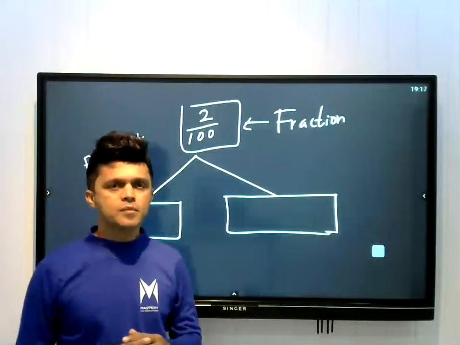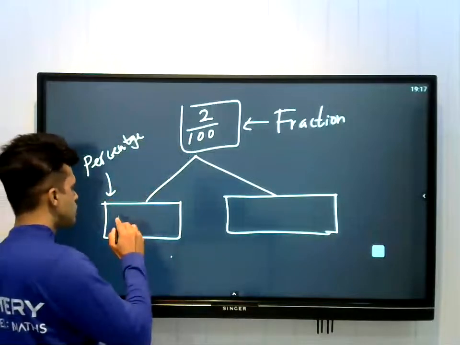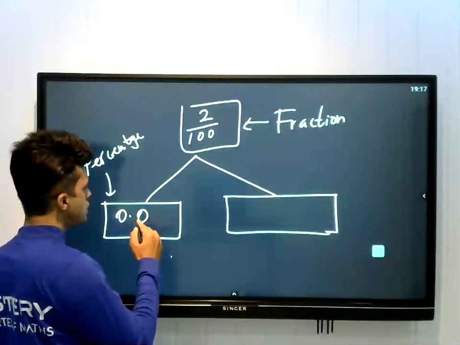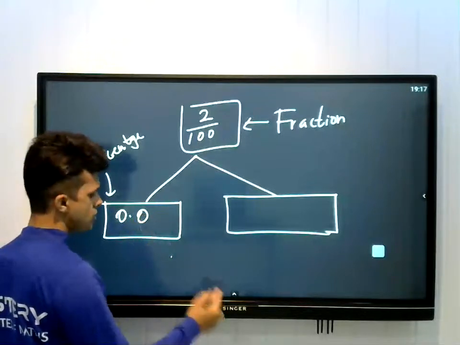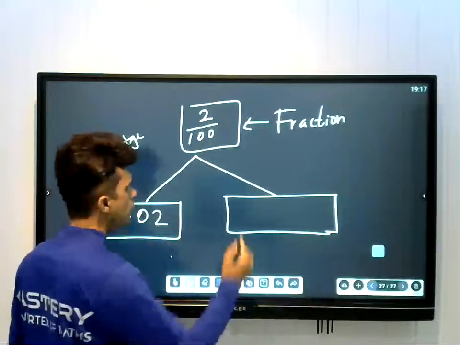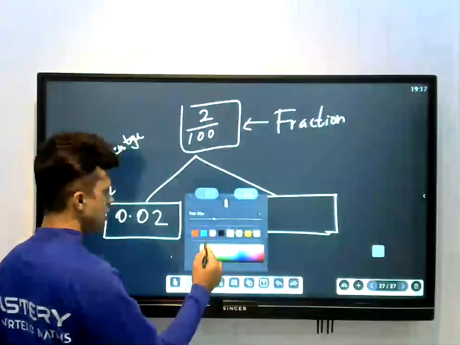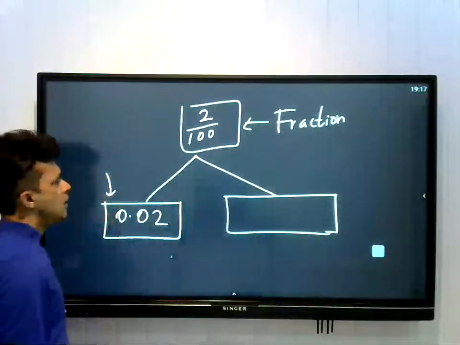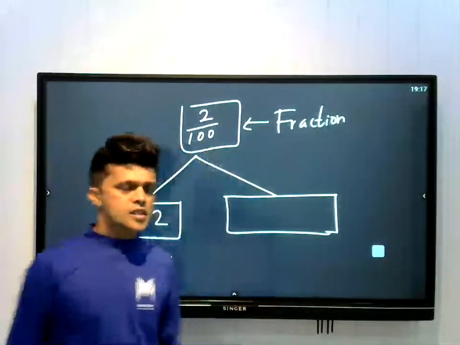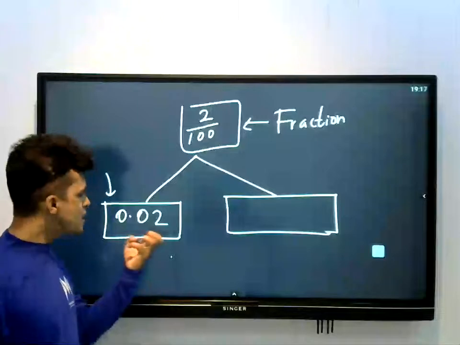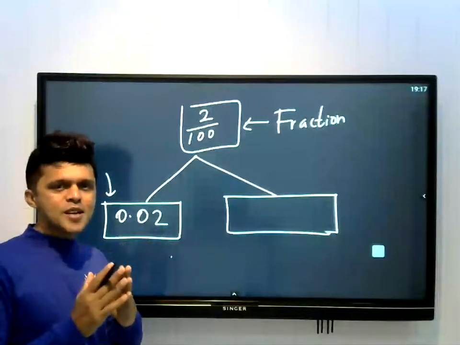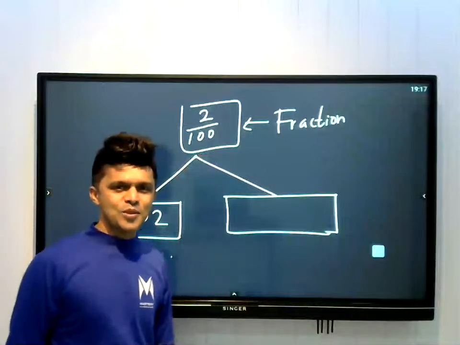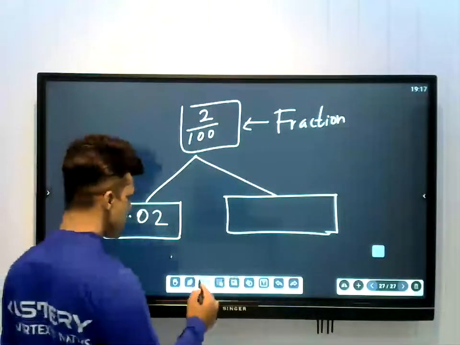Think of this one. 2 over 100 equals 0.02. This is the decimal number. The decimal number related to this fraction is 0.02.